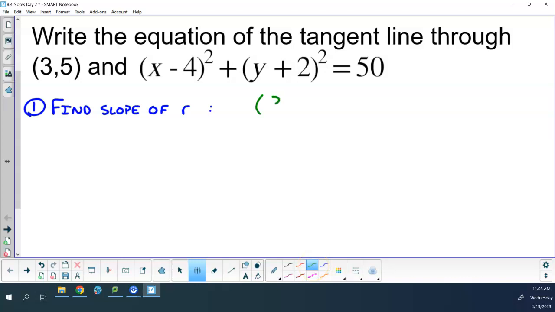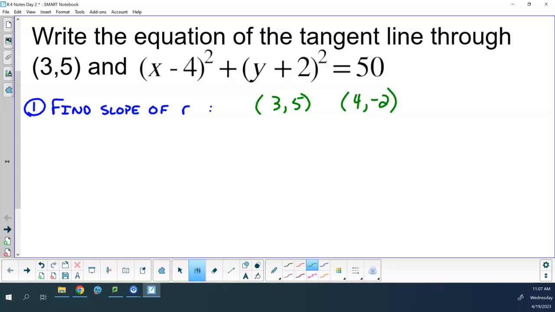So the point of tangency was at (3, 5), and the center was at (4, -2). How do I find the slope between those two? Subtract the y's over subtract the x's? Yep.